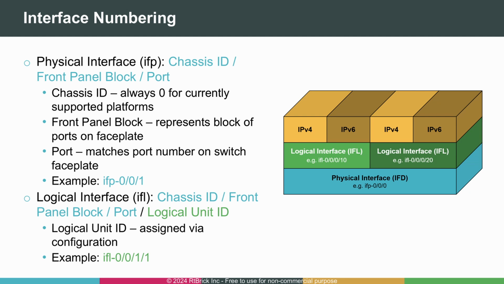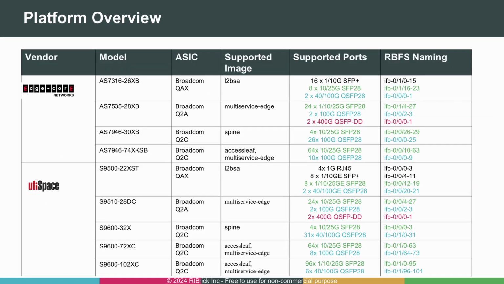LO0/0/0/100. As of RBFS version 25.1.1, Rtbrick supports hardware platforms from Edge Core and UfiSpace. Both vendors offer switches based on Broadcom's Qumran Q2C, Q2A, and QAX chipsets. The supported interfaces on these switches range from 1 gigabit per second to 400 gigabits per second.